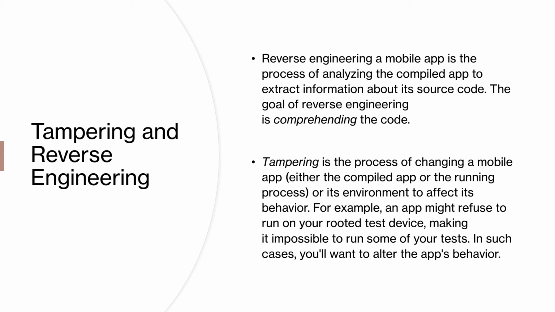So basically there are two things, one is tampering and one is reverse engineering. Tampering is a process where we reverse engineer the code. So we have an APK file, we try to decompile it and get the source code, and then we try to modify it, we try to inject our code. It's called tampering. We tamper the APK and then we rebuild, resign, and then we install that tampered application.